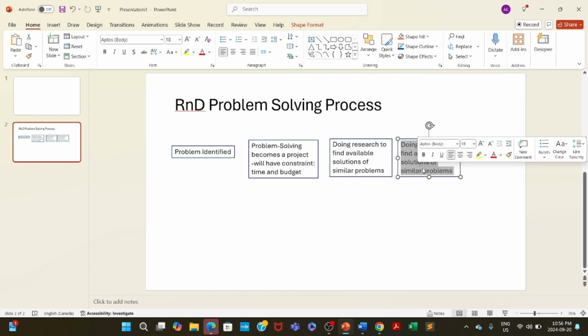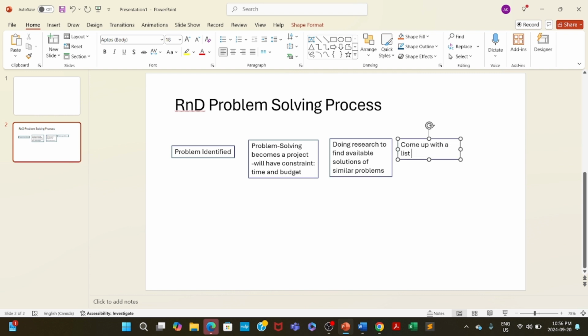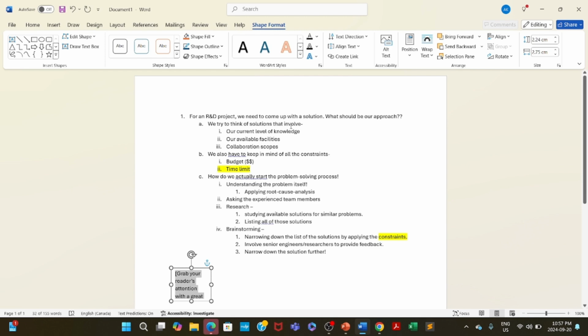Then with a list of solutions, brainstorm to narrow down the list of the solutions in terms of the constraints, which are time limit and budget.